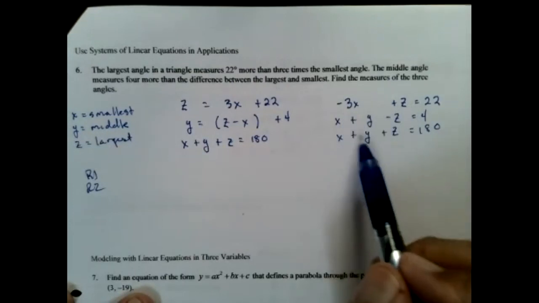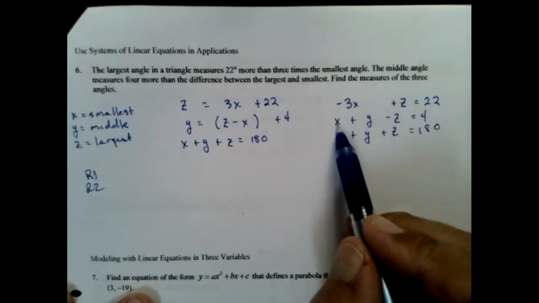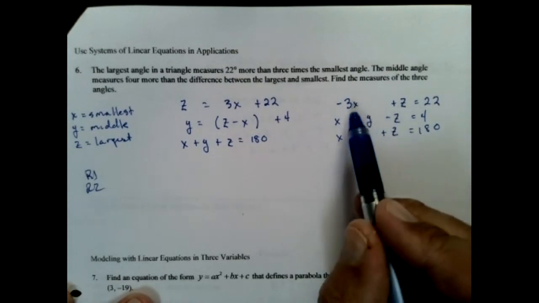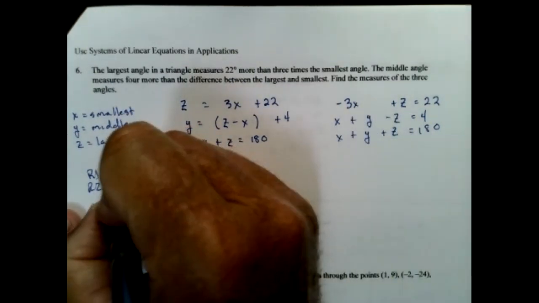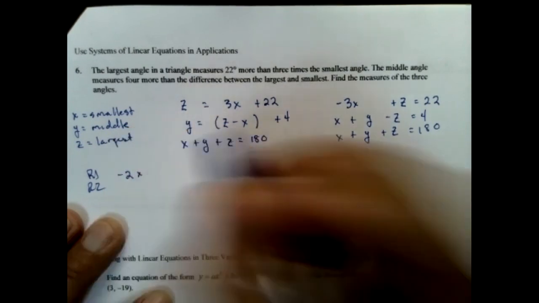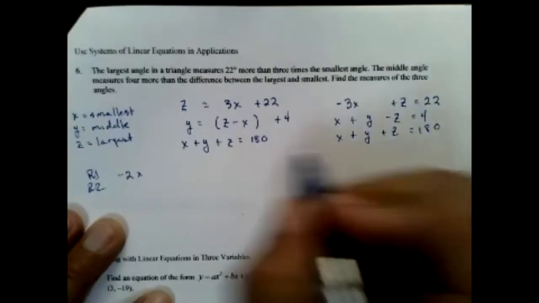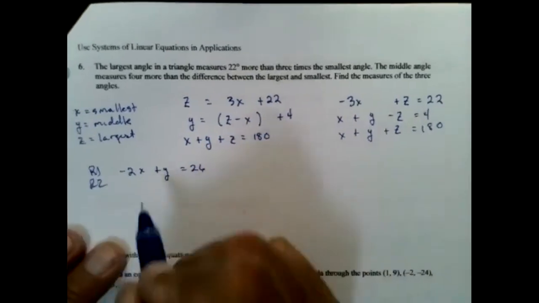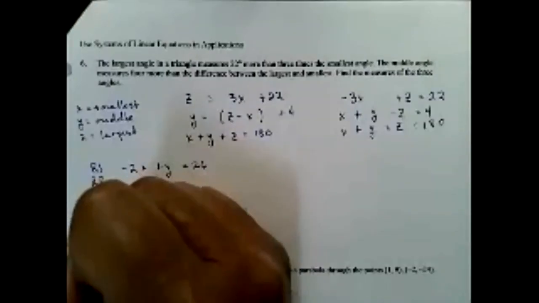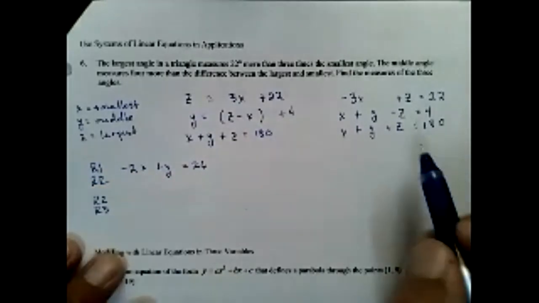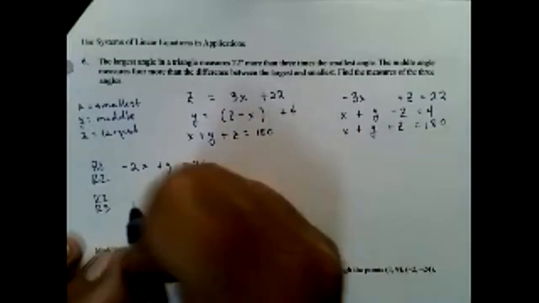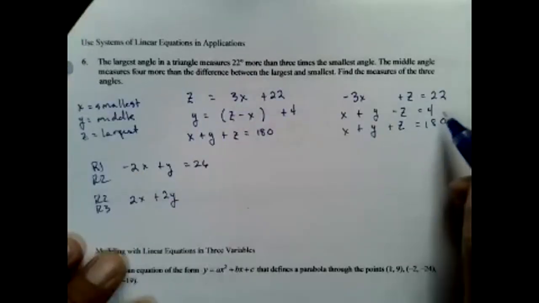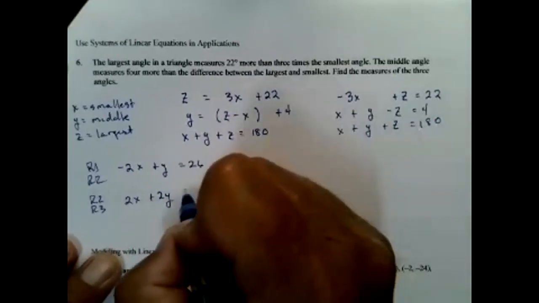I'm going to save myself a little bit of negative 2x because I don't have to do any multiplying. 1 and 2, negative 2x plus y equals 26. And then I'm going to take row 2 and row 3. Again, I'm going to quickly get rid of the z. 2x plus 2y equals 184.